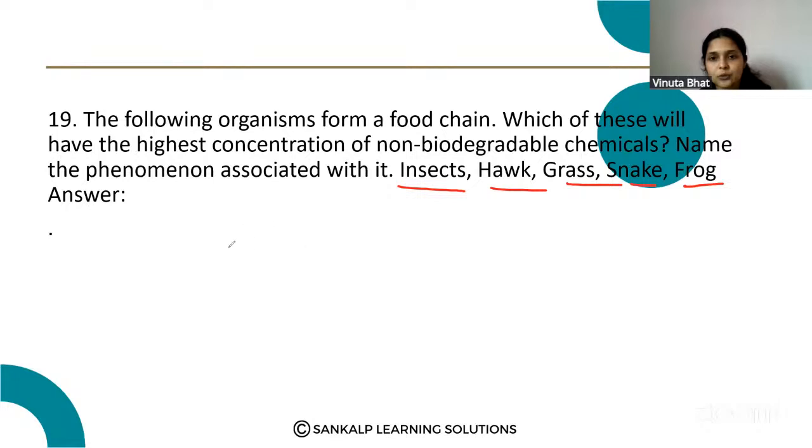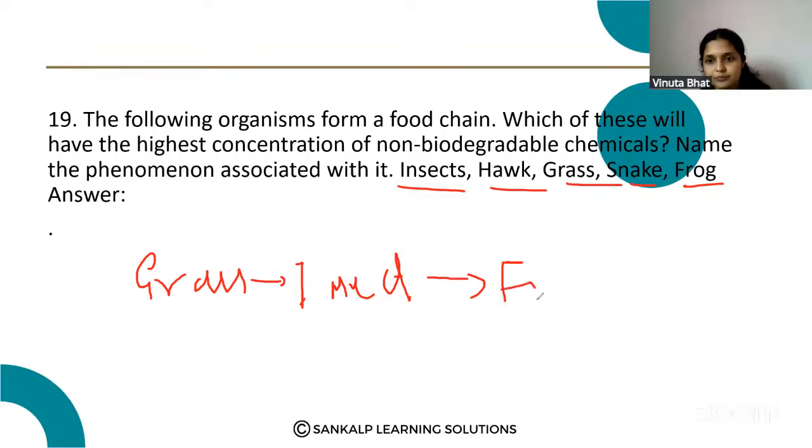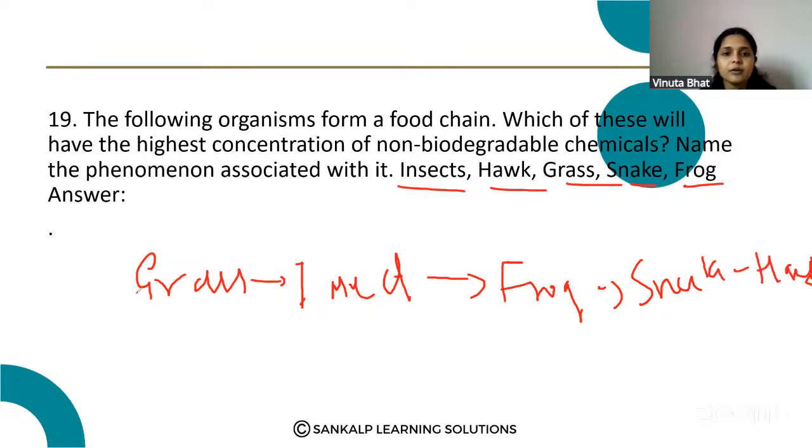So, grass, then insect, that may be a grasshopper, then frog, snake and the hawk. Here, which one has the highest concentration of non-biodegradable chemicals?